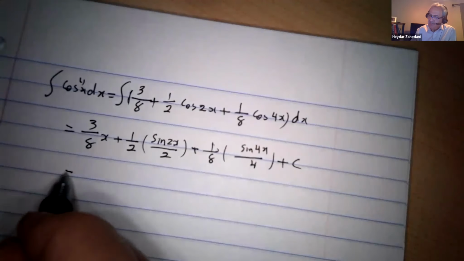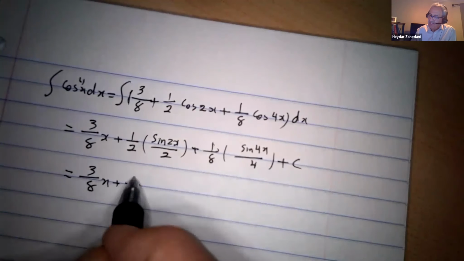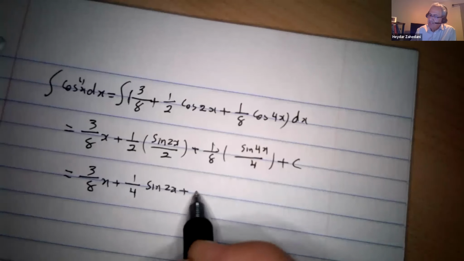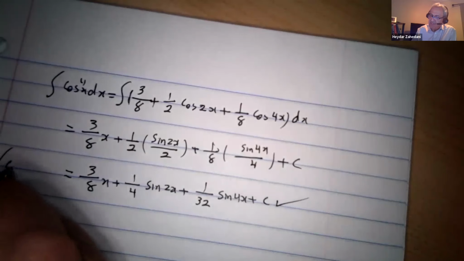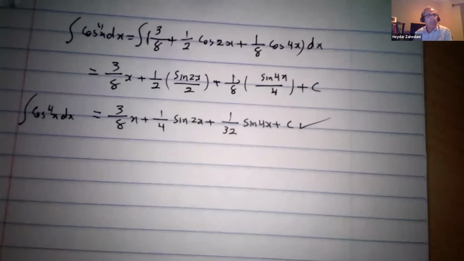So eventually this is the final answer: 3/8 of x plus a quarter of a sine of the 2x plus 1/32 sine of the 4x plus the constant c, and you're done. This is the famous cosine to the 4th dx.